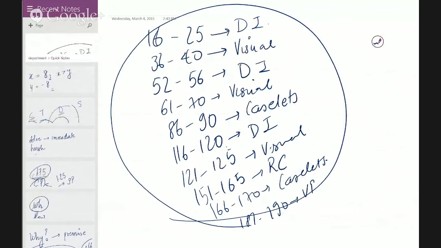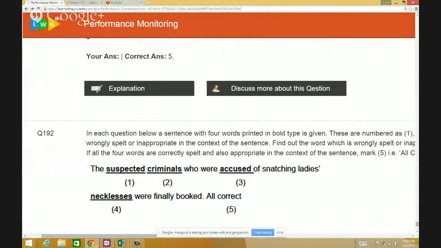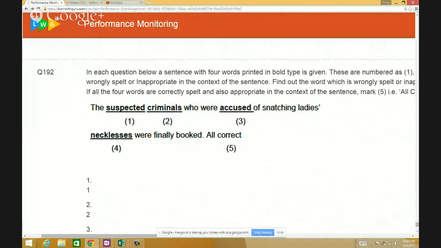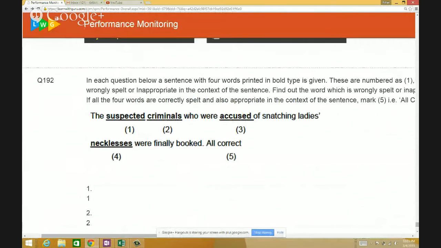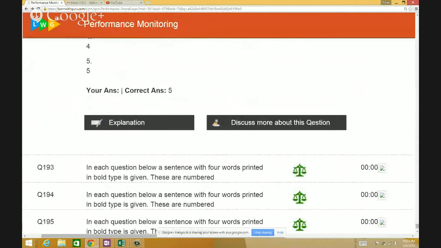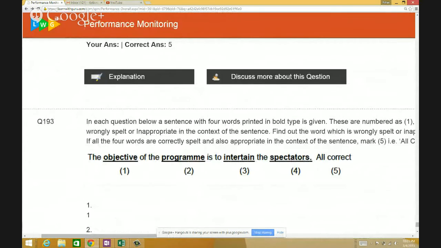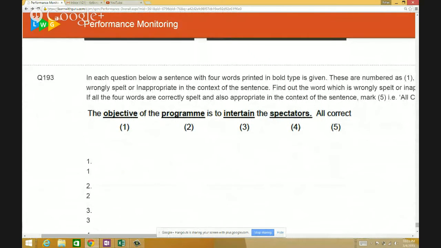This is like too much now. But if you notice carefully, this is again straightforward. The suspected criminals who are accused of snatching ladies' necklaces is obviously correct. Necklaces is incorrect, by the way. The objective of the program is to entertain the spectator, see, is that stupid?